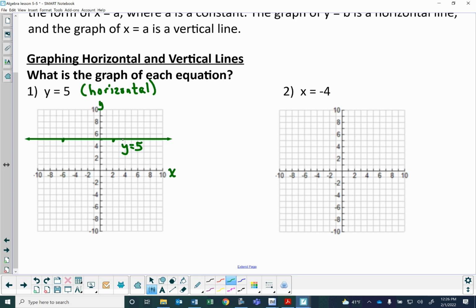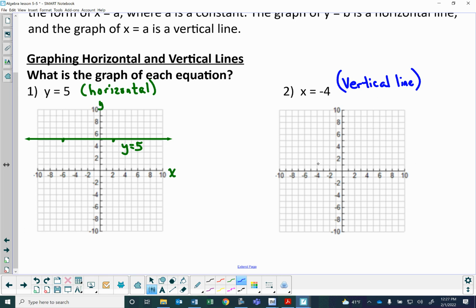If we look at the second problem here, we have x equals -4. It's in the form of x equals a, which means this is a vertical line. Since it's a vertical line, it means for all values of y, x is going to equal -4. It doesn't matter what y is, x will be -4.